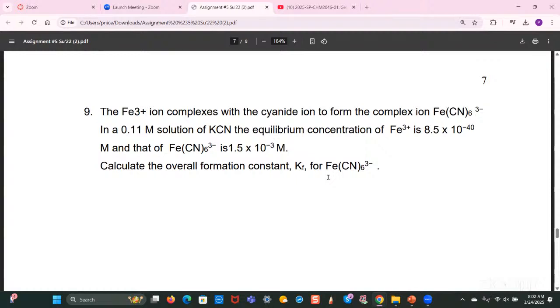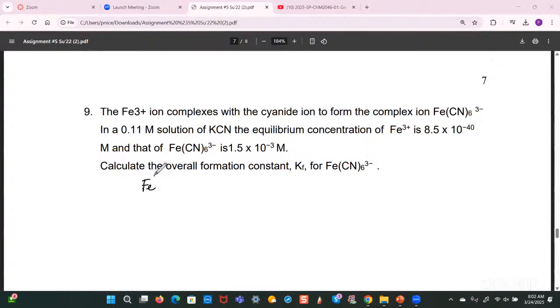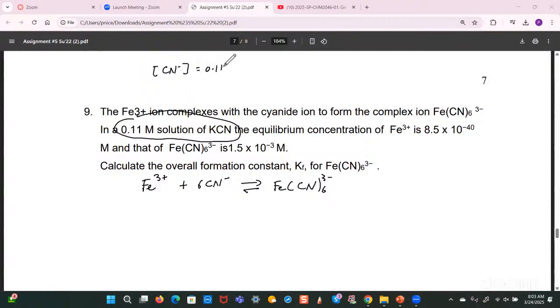So let's first write down the equation for the reaction, and that equation is Fe3+ plus 6 CN minus, and this is a reversible situation, to form Fe(CN)6 3 minus, all right? So that's an equilibrium system right here. Now the question gave you the concentration of the potassium cyanide, which means that the concentration of the cyanide itself would be the same, which would be 0.11 M at equilibrium.